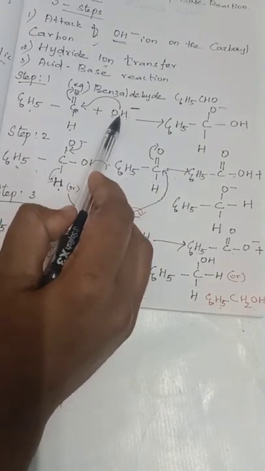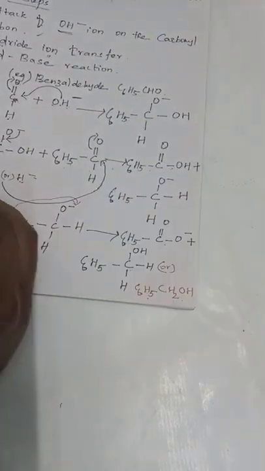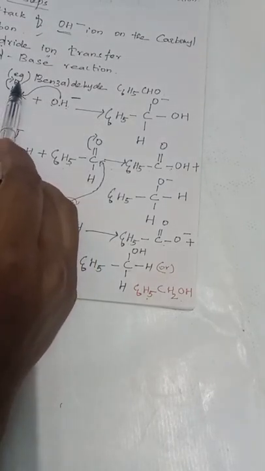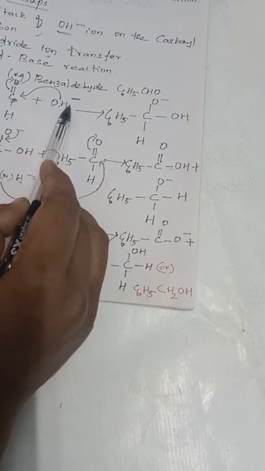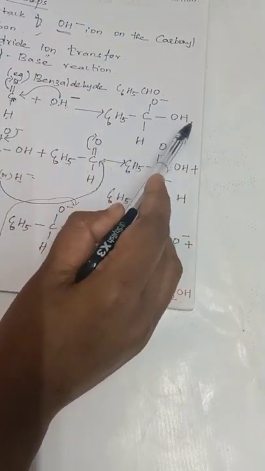Now this OH minus attacks this carbonyl carbon position. Now our product is C6H5 single bond C, single bond H. Now this bond will shift here, now it becomes O minus. This OH will attack here. Now the product is single bond OH.